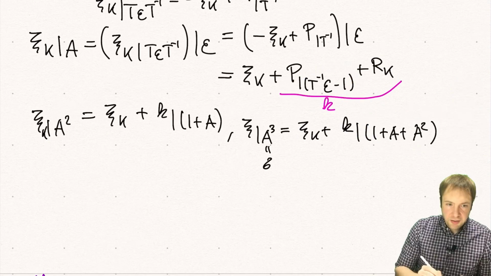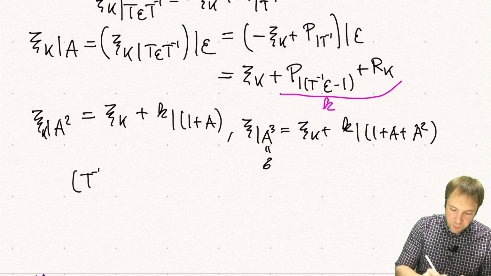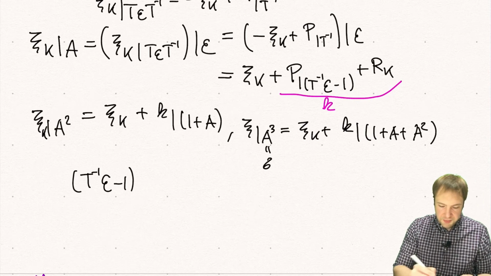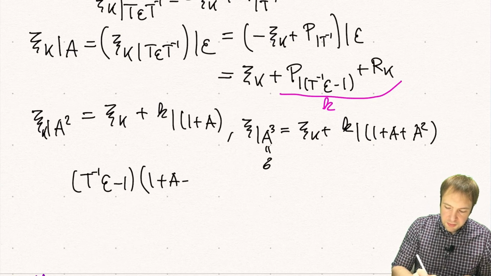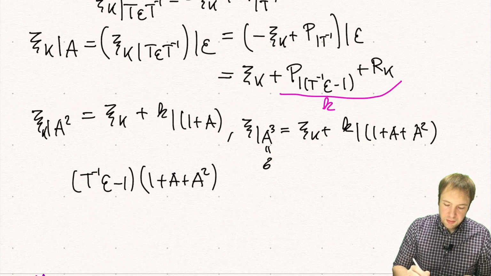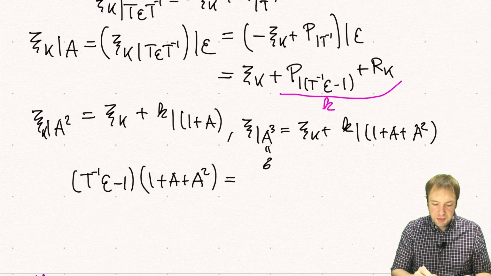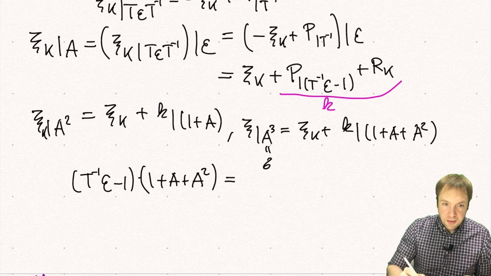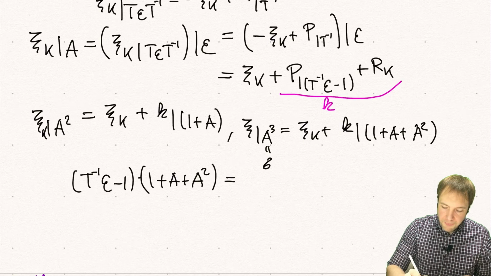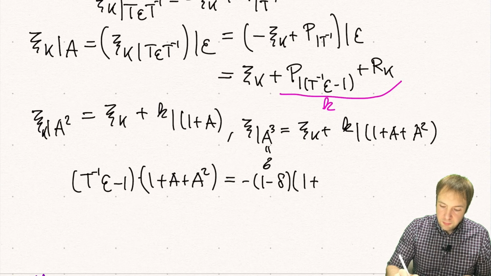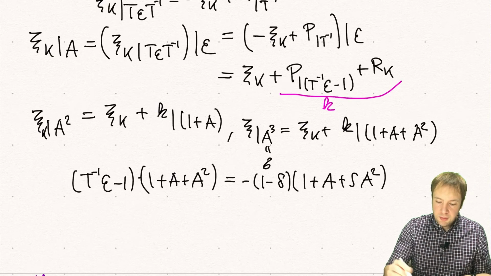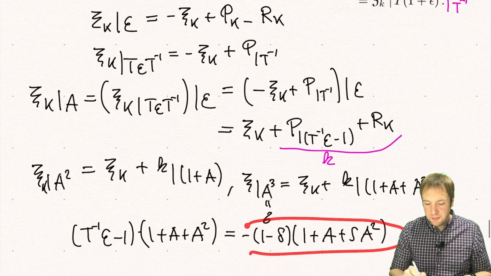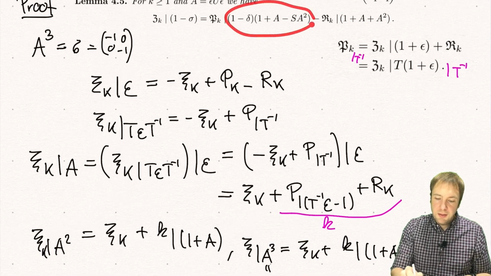But by direct calculation, you can check in the group ring. So this just means you need to multiply out matrices. If you would apply this to this there, so this is just multiplication in the group ring, then this is exactly minus 1 minus delta times 1 plus A plus S A squared. In other words, this exactly gives the element here.